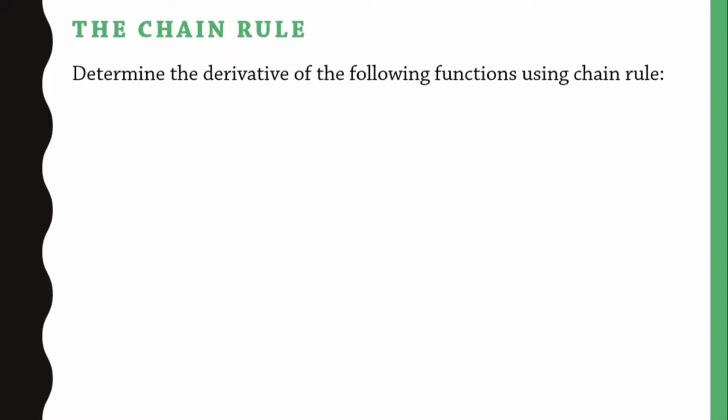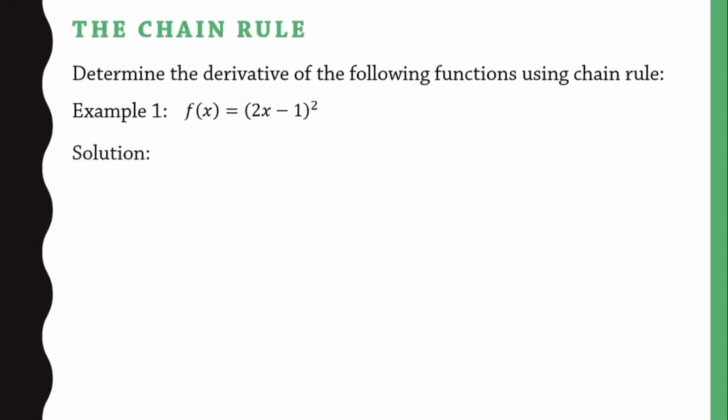We are going to determine the derivative of the following functions using the chain rule. First, we have f of x is equal to the quantity 2x minus 1 raised to 2, or 2x minus 1 squared.